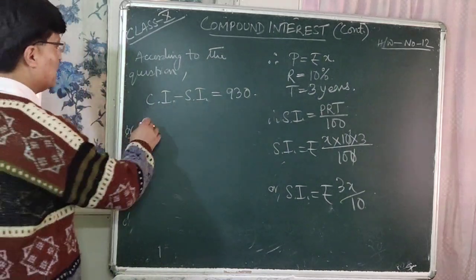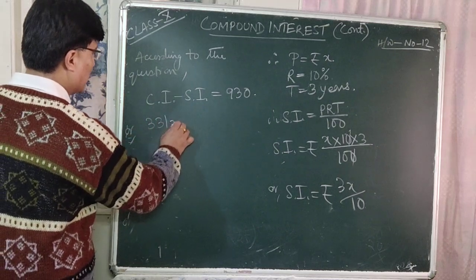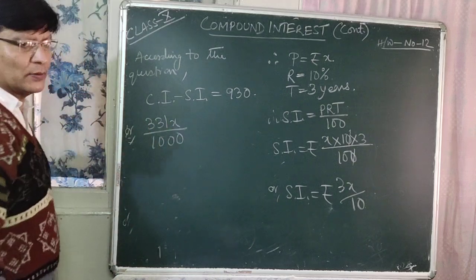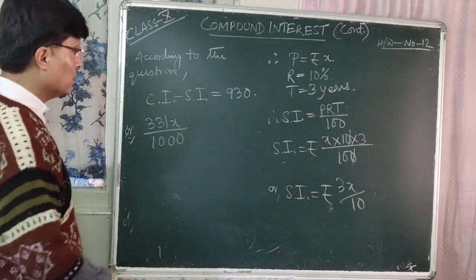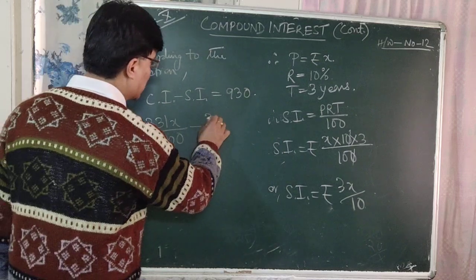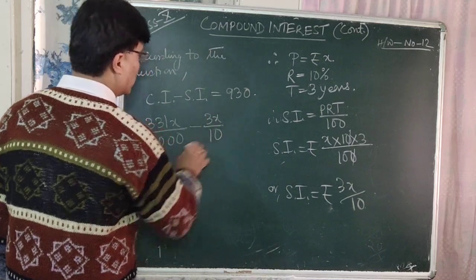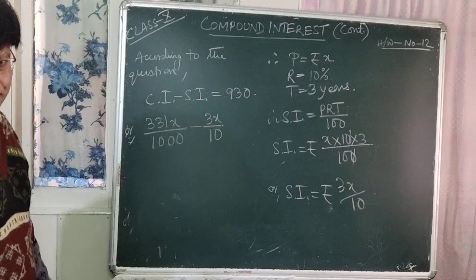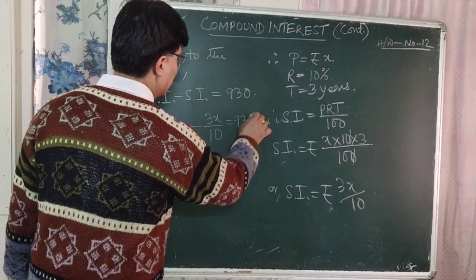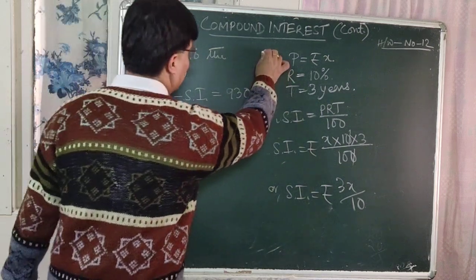It was rupees 331x divided by 1000. Okay, is that right? Then minus, what was the simple interest? Simple interest is 3x by 10. Correct? So is equal to, what do we write? 930.